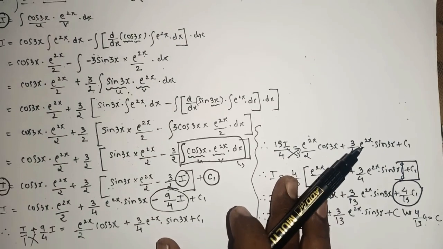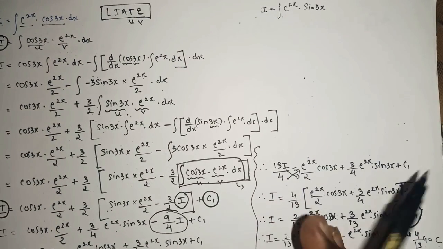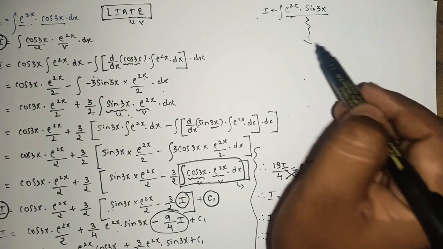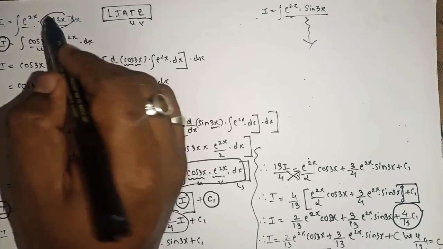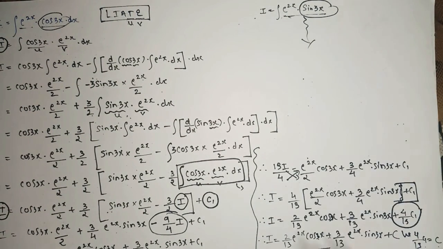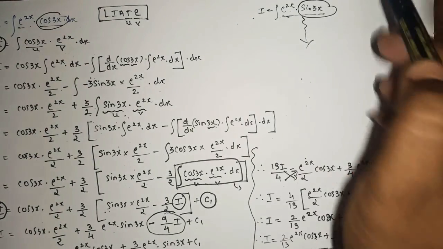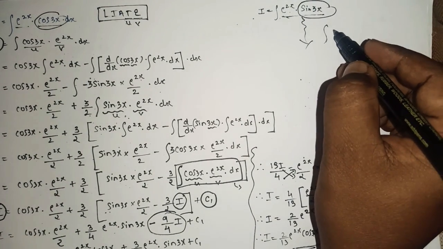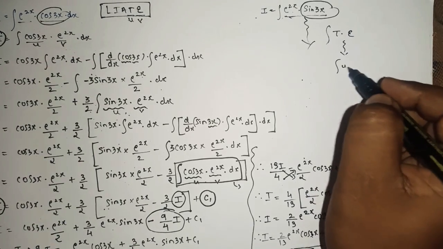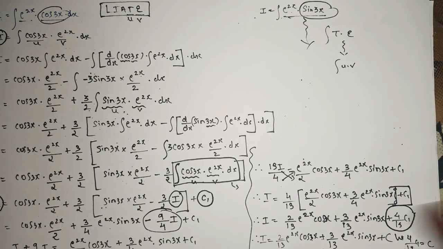I hope you all understood this sum also, and please try the second sum by yourself. Simply this cos is replaced by sin x. So here also, whenever you come across a pair of trigonometric and exponential functions, the loop goes on, the u into v process goes on, the loop continues.